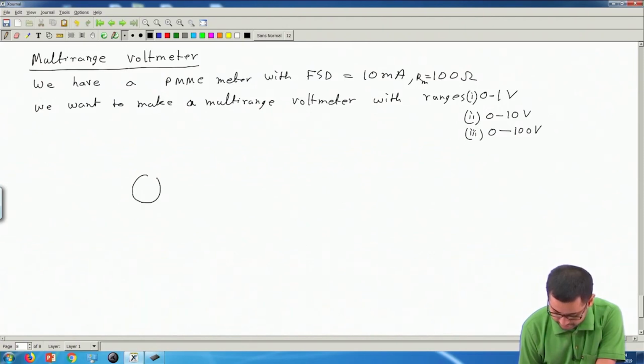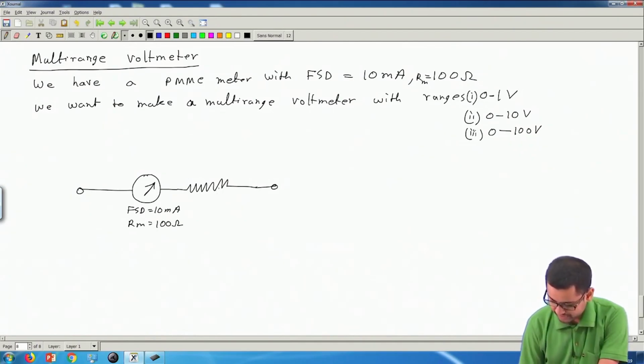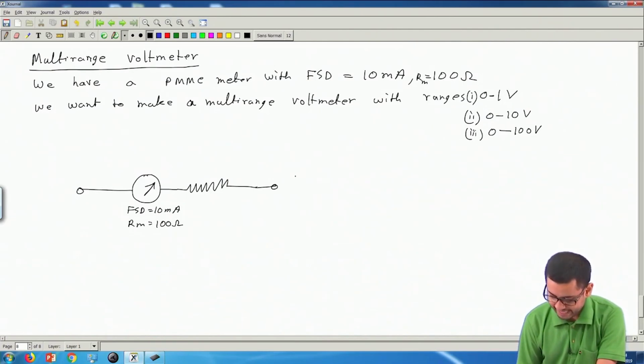So this is my meter, and I will connect a multiplier resistance. This is the meter with FSD 10 milliampere, meter resistance 100 ohm, and we will connect some resistance to get the desired range.